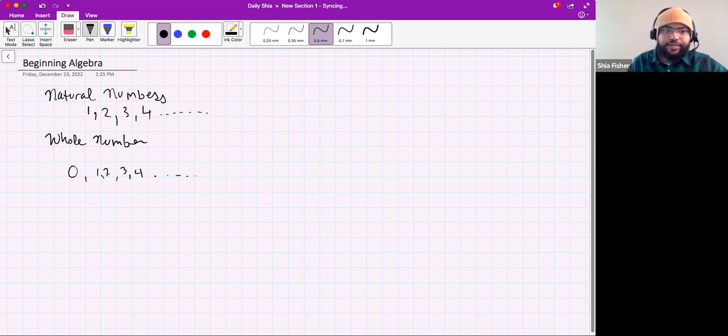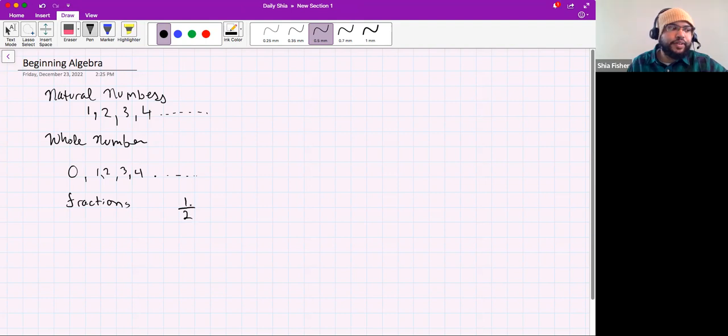And then we have a lot of other kinds of number types, but what we need to know to begin the lesson is fractions. And we use fractions a lot in daily life. We see them when we buy stuff.